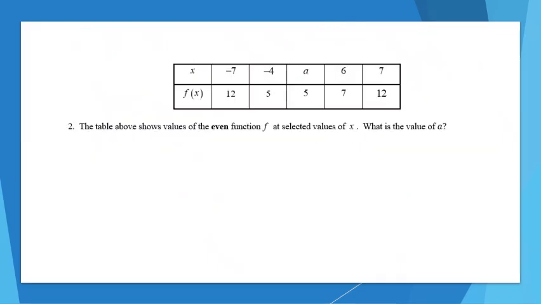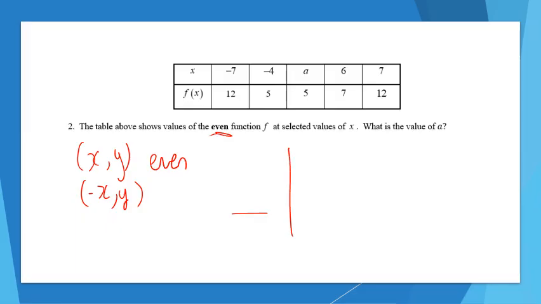All right, the table above shows values of the even function f at selected values of x. What is the value of a? So remember, if we have a point x comma y on an even function, then we know the point negative x comma y will also be there, because an even function is symmetrical across the y-axis.